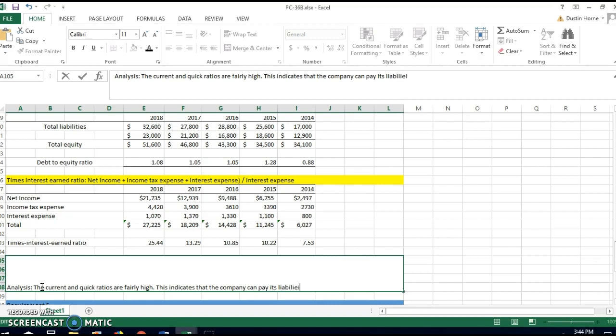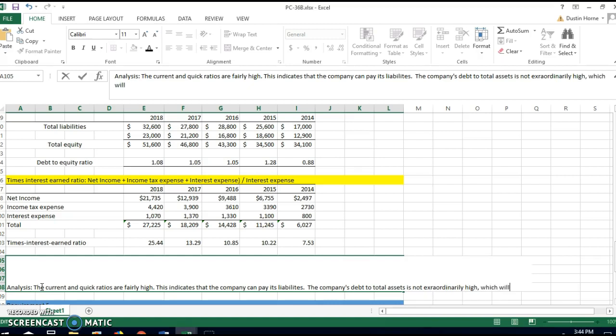I want to know if I'm going to invest in a company, can they pay off the debt they owe? The company's debt to total assets is not extraordinarily high.